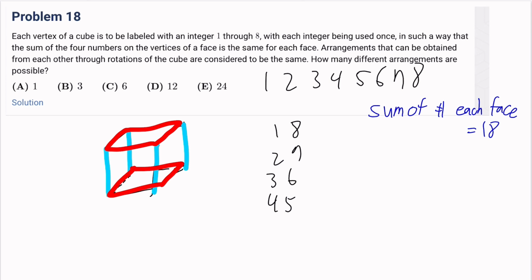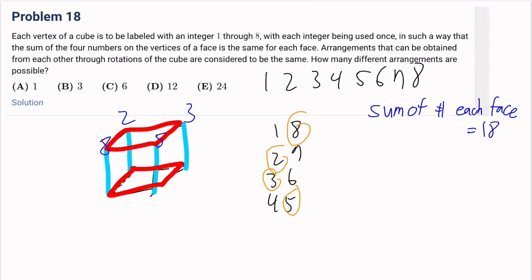And so we have to find one value from each of these that will sum to 18. And so we can see that that value is, what can it be? Yeah, 8, 2, 3, and 5 would work, because 2, 3, 5 is 10, and plus 8 would be 18, right? And so one of these would be 2, 3, 5, 8.